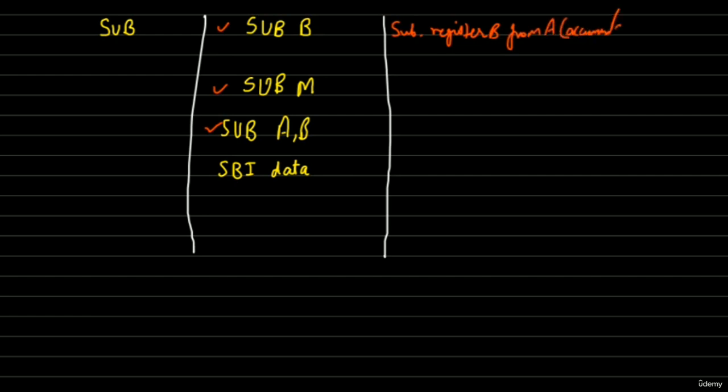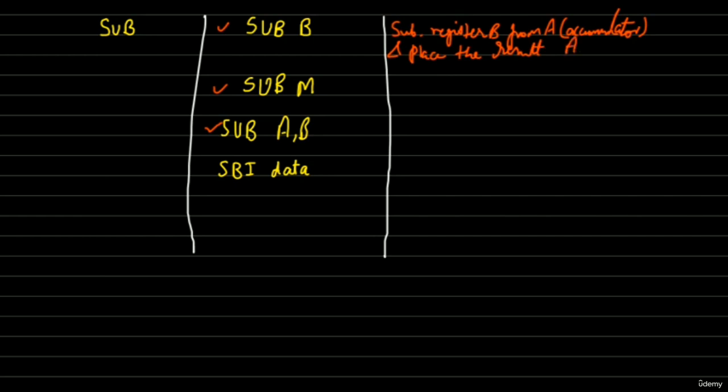That's just the name, don't get confused with this. You can just open the dictionary and see the meaning of accumulator. That's all it means, nothing else. And place the result in A, just the same way we do for our addition. Just the operation is changed here and nothing else.